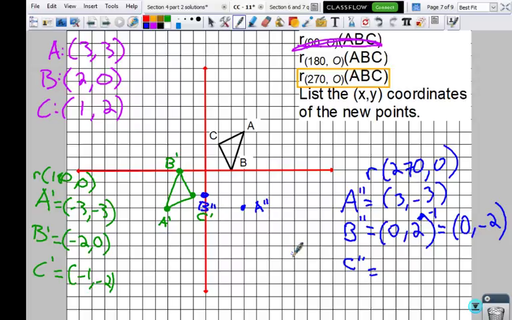So that would be 2 times, so that would be -3, -1. I think you put part of A in accidentally, because it should be 2, -1 for C.